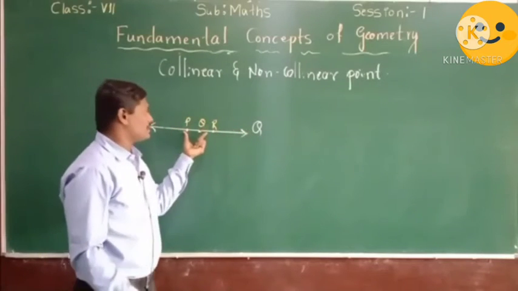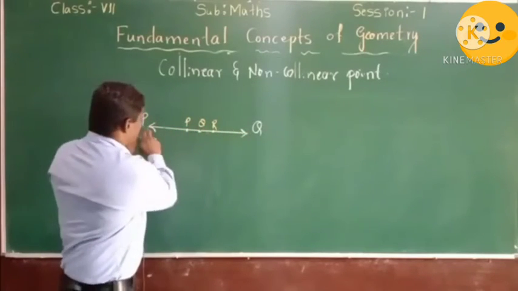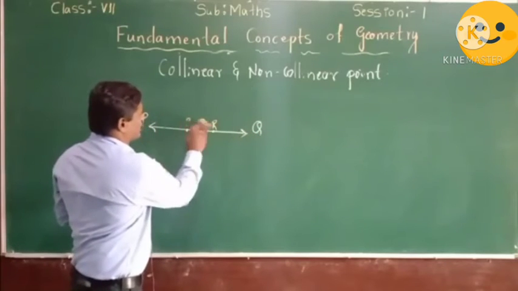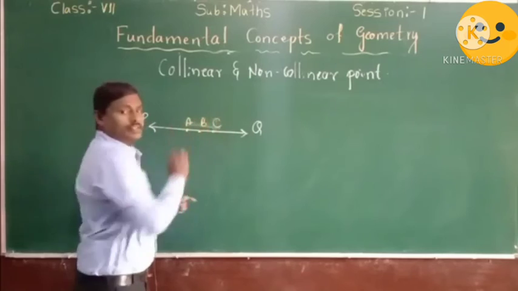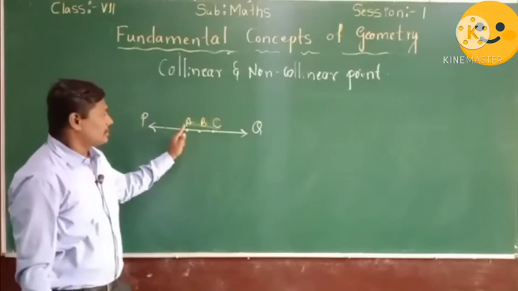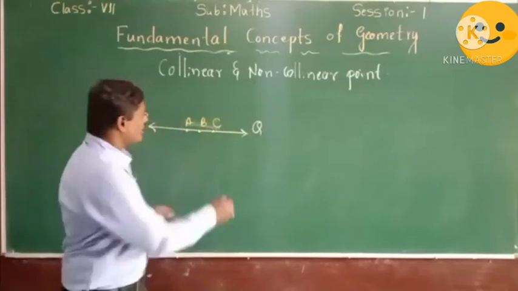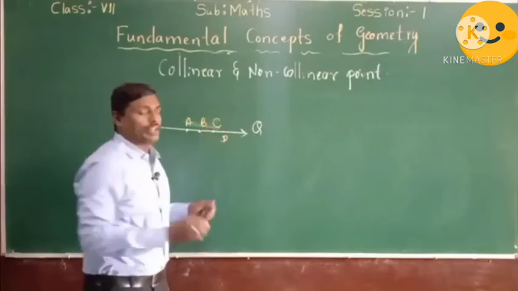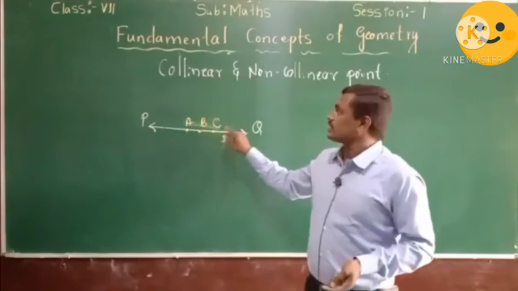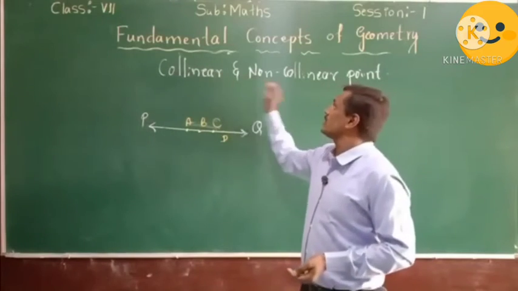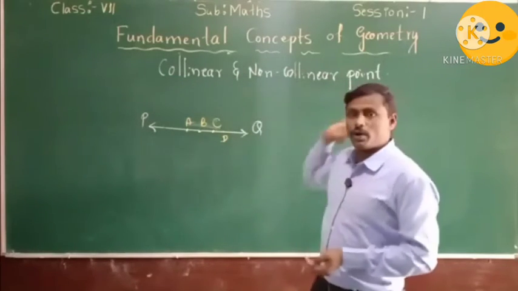PQ is the line which passes through the points A, B, C, right? So there are three points, or you can take one more point. If three or more points are in a straight line, they are called collinear points.